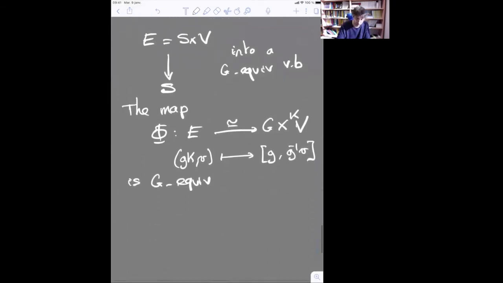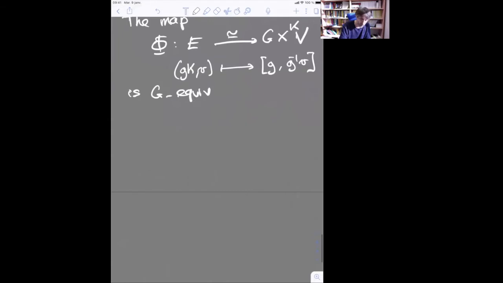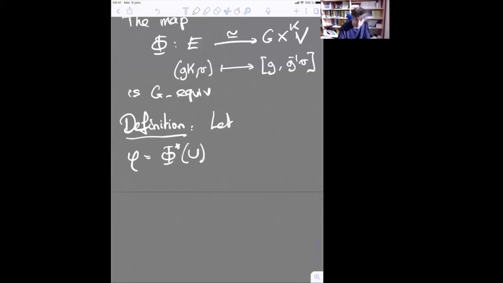So let me define now: let small phi be the pullback of U. So it's a 2n form on E, which is G invariant, okay? And it's closed.